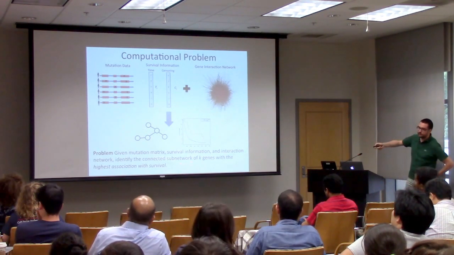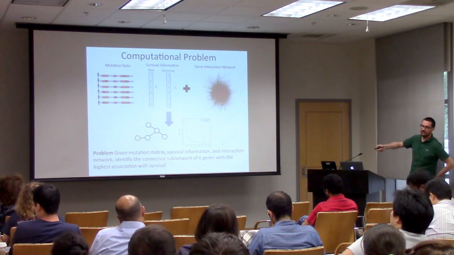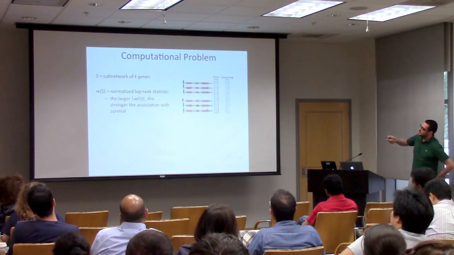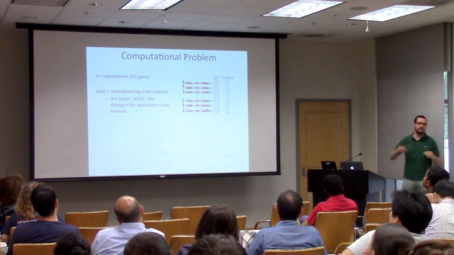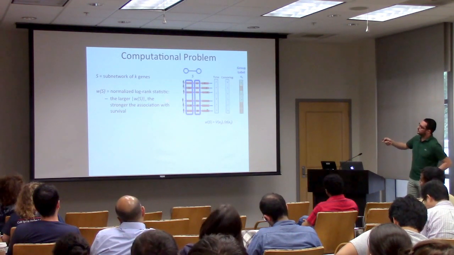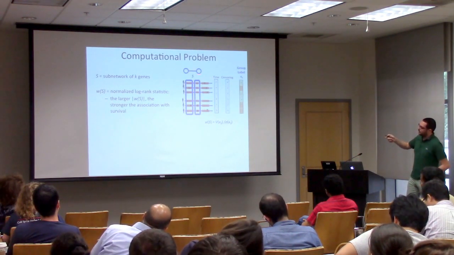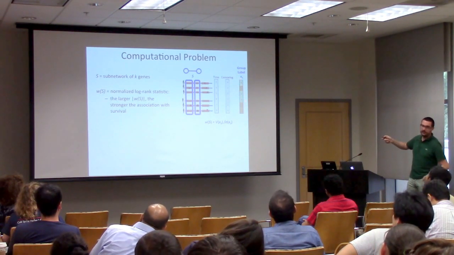Well, we need first to define a bit more what it means to have the highest association with survival. But this is easy since we have seen that the log rank statistic, we can really interpret it as a weight for the partition of the patients. So now given my subnetwork S, this defines group labels for the patients.